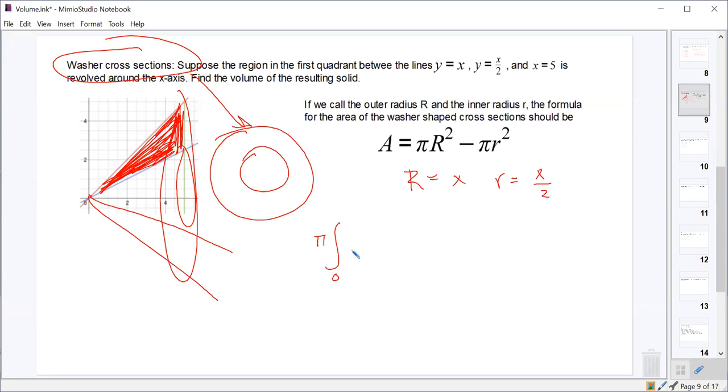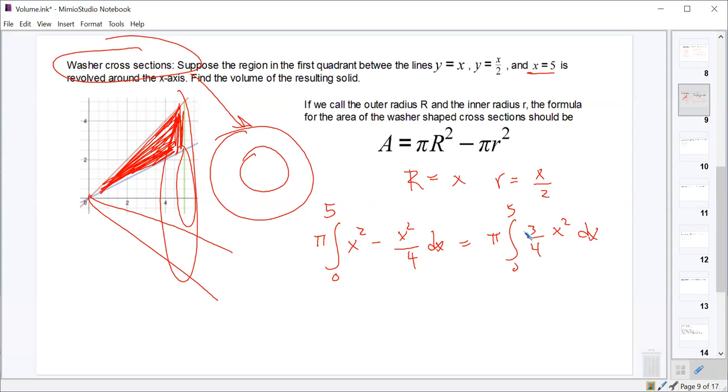Pi times the integral from 0 to 5 of our outer radius squared minus our inner radius squared. And we could definitely rewrite that as pi times the integral from 0 to 5. What's x squared minus a fourth x squared? That would be 3/4 x squared. And now we just integrate and evaluate, and we're done.